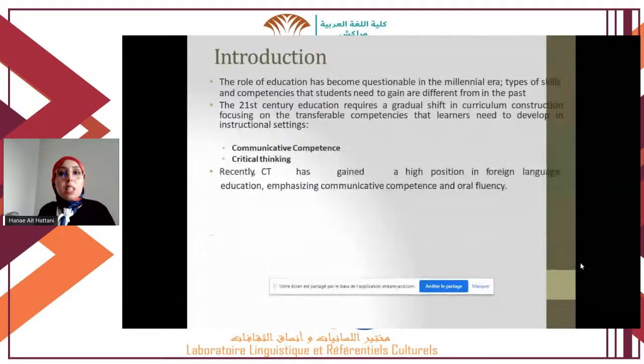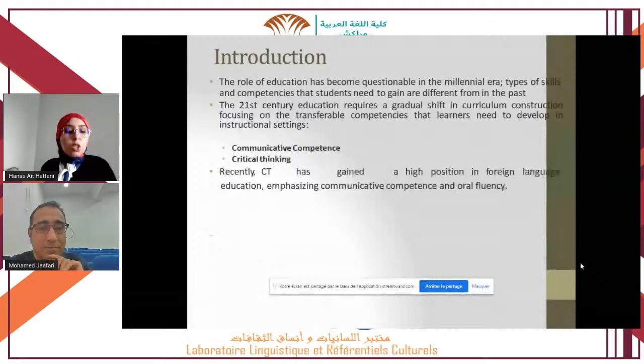Here we are going to shed light on two different competencies or skills, which are communicative competence or oral fluency, and critical thinking. Critical thinking has a position in foreign language education, emphasizing communicative competence and oral fluency. Learners are now able to understand the language, master the mechanisms by which it works, and put it in context.